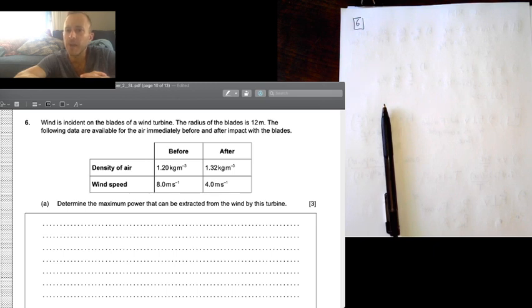Determine the maximum power that can be extracted from the wind by this turbine.